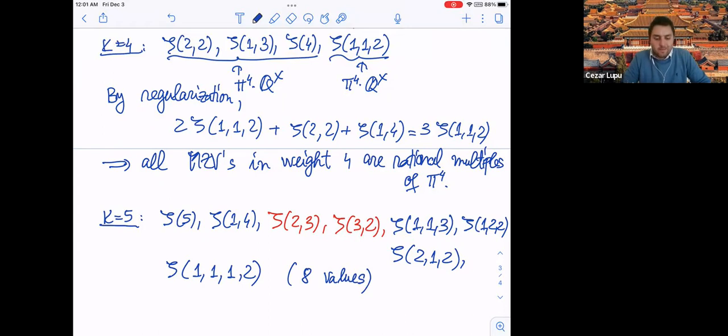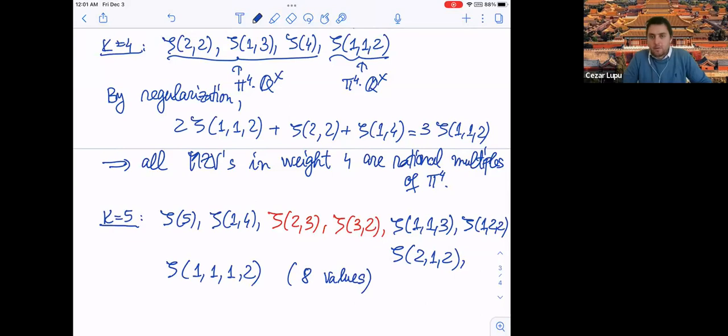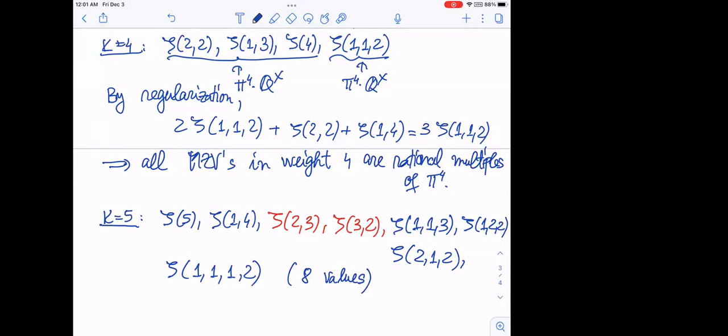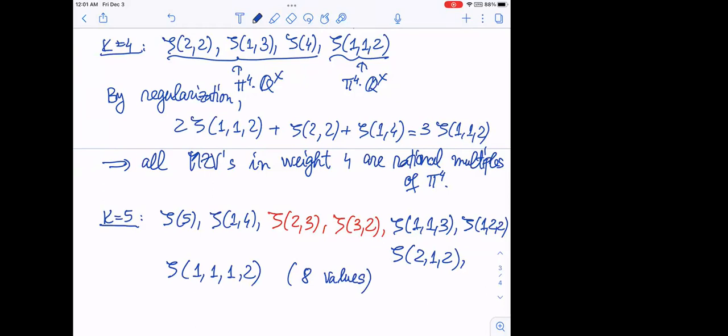So, I have a question. In the equation, 2 zeta 1 1 2 plus zeta 2 2 plus zeta 1 4, or 1 3. Yes, 1 4 here. But 1 4, isn't it of weight 5?